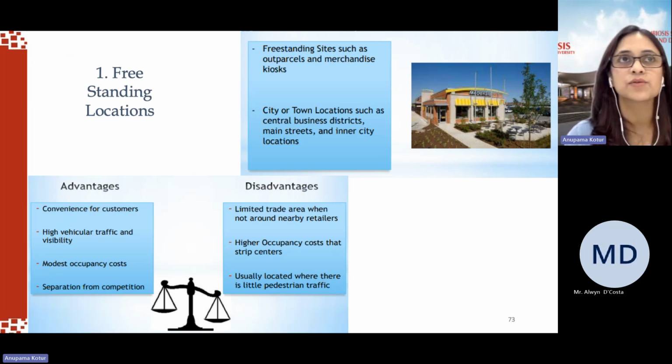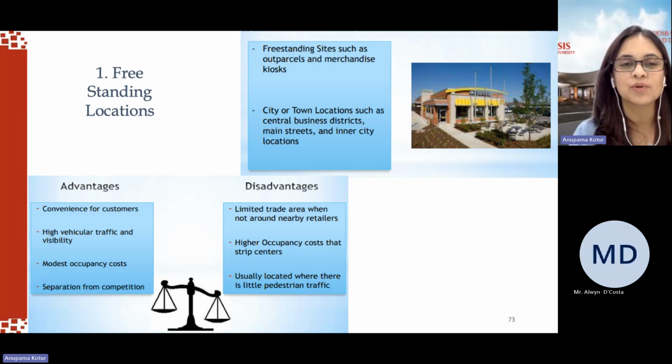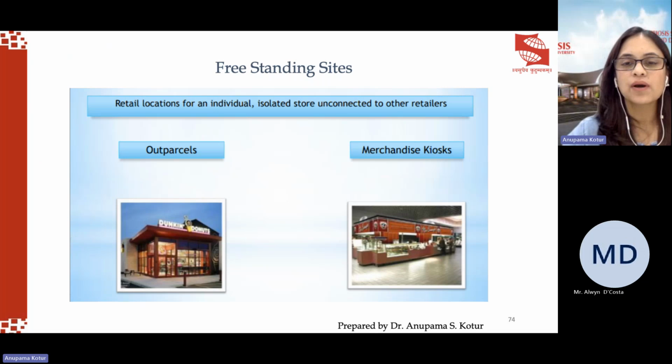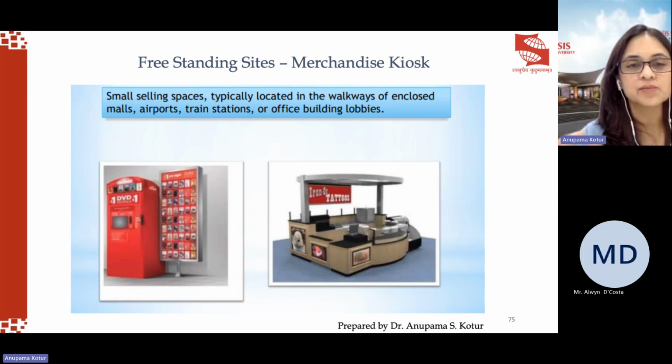For example, in India, you have your KFCs and McDonald's that are located on the highway, or for that matter, your dhabas and things like that are also a good example of these freestanding locations that primarily cater to vehicular traffic. And then you have kiosks also that could be considered as part of your freestanding sites, right?